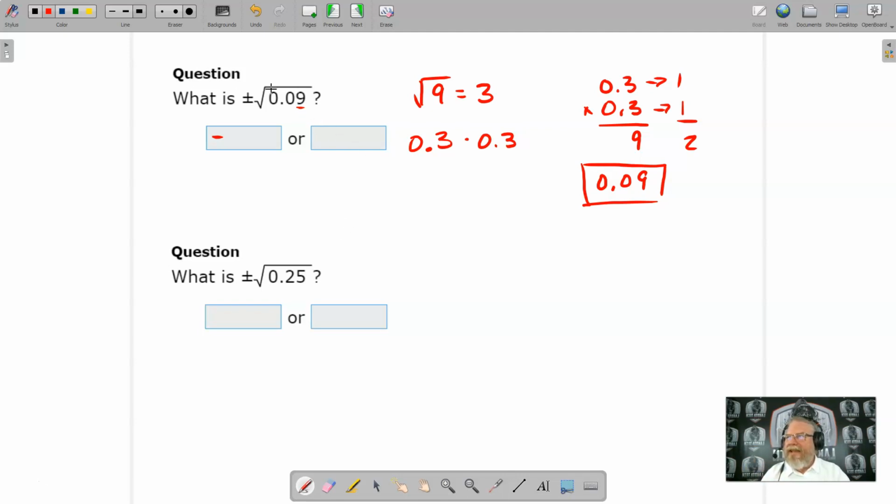Yes, indeed, the number underneath the radical symbol is called the radicand. So after multiplying 0.3 times 0.3, we indeed get the radicand. So we know that 0.3 is the square root of 0.09. A shortcut is to consider what if the decimals weren't there?